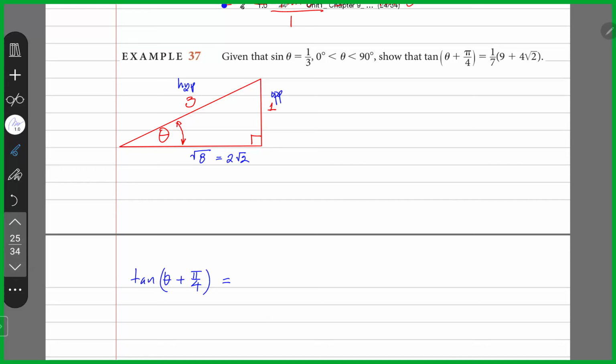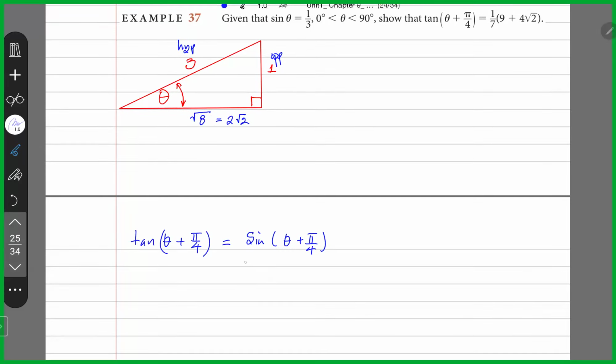I'm sure it's not the only way. We could say that tan of theta plus pi by 4 is the same as saying sine of theta plus pi by 4 over the cos of theta plus pi by 4.